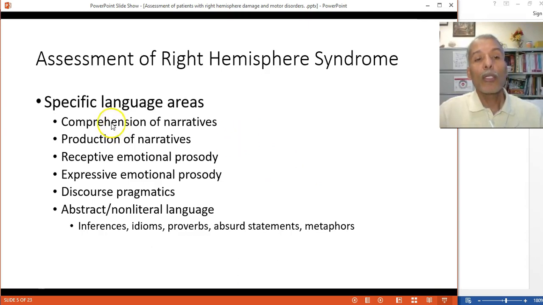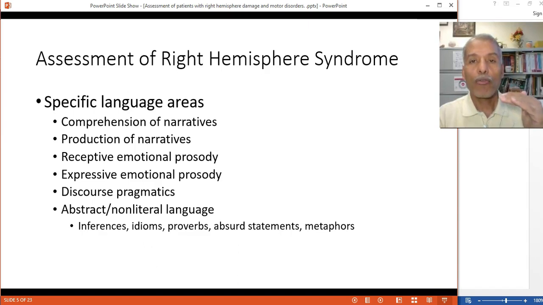First, the first two areas have to do with discourse, comprehension of narratives and production of narratives. Narratives are things that you say by yourself that are beyond one sentence. Like say, tell me a story. Or describe for me, for example, how your day went.